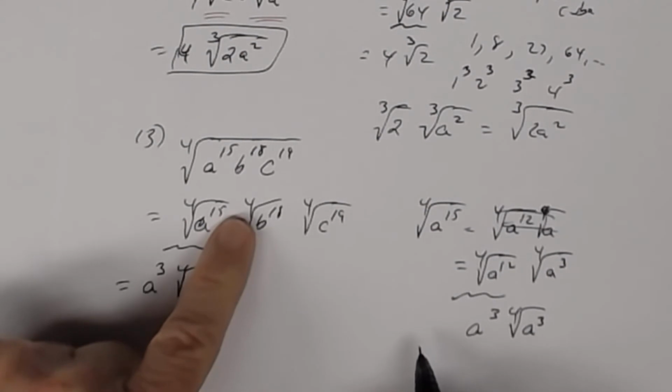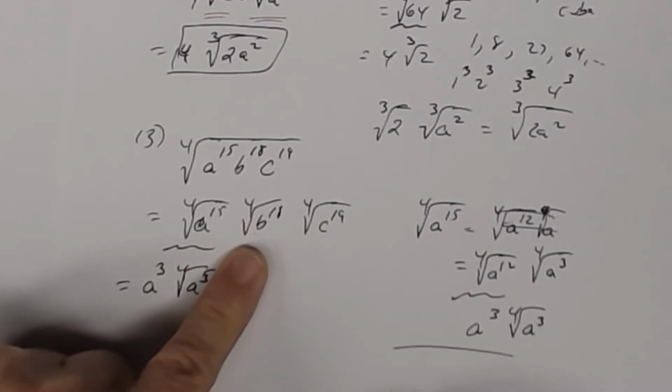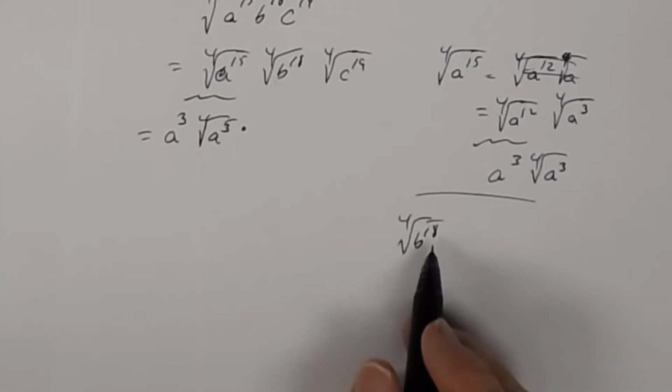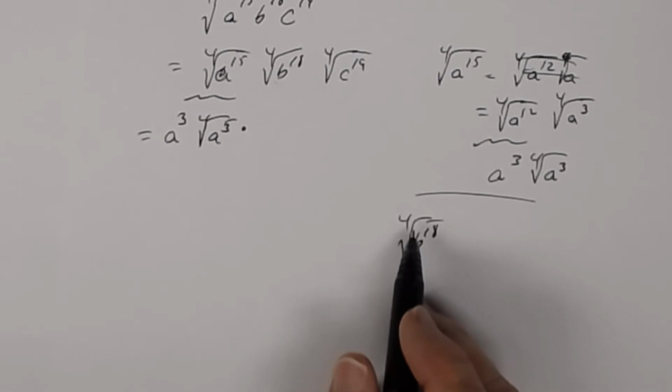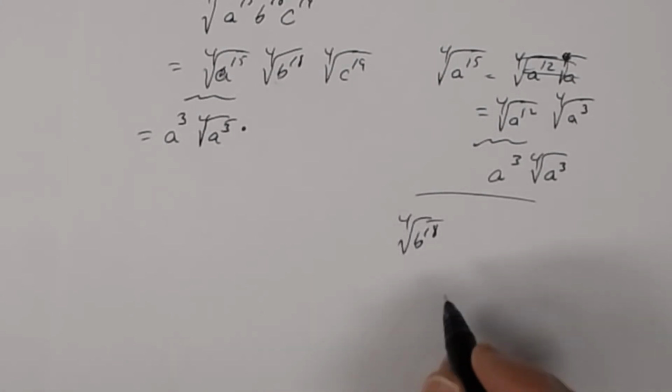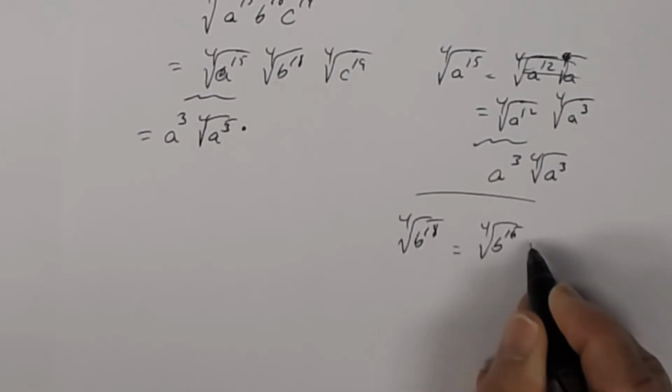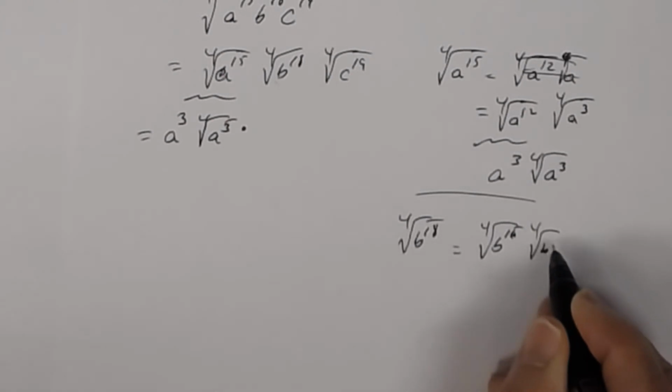Let's do the fourth root of b to the 18th. What's the largest integer less than 18 that's divisible by 4? Is 17 divisible by 4? No. Is 16 divisible by 4? Yes. So it'll be the fourth root of b to the 16th times the fourth root of b to what power, though? Be careful.